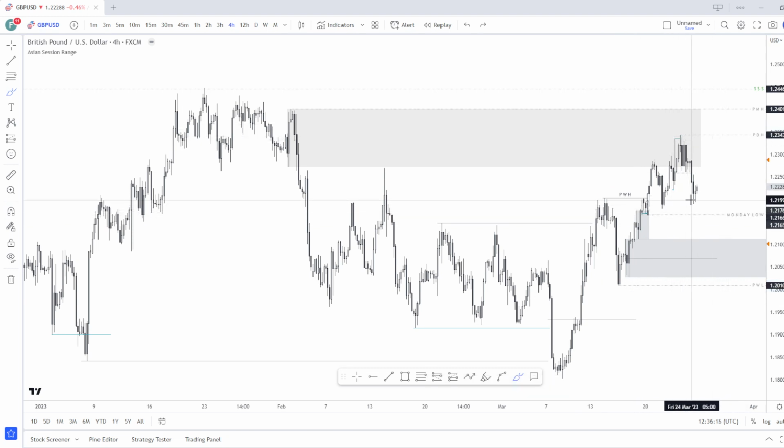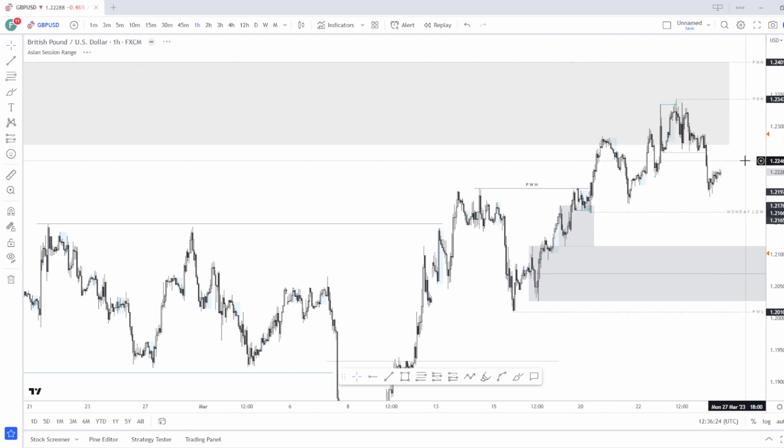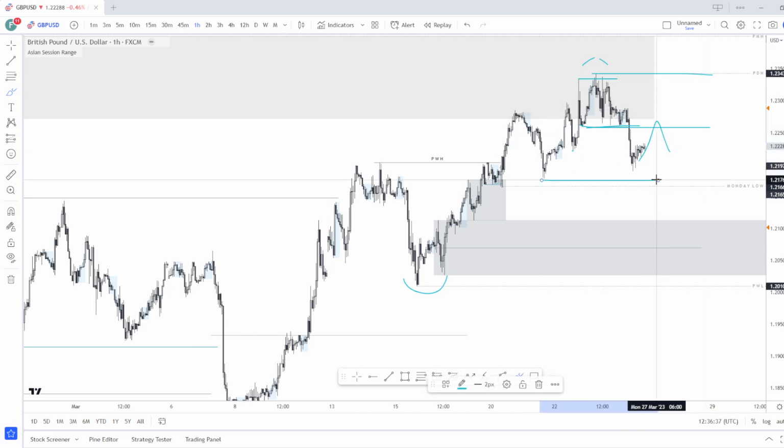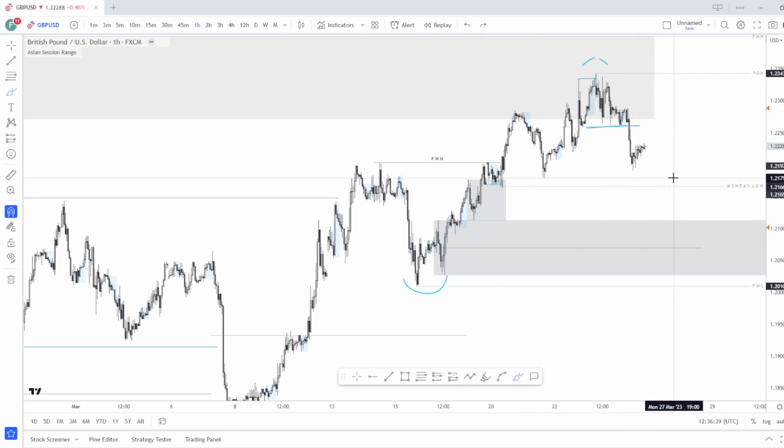So I wouldn't mind playing buys up, but as you can see, we are now in the pullback stage of this trend here, because now we have H1 structure bearish from here to here. This whole zone is now bearish, so potentially we can still short if there's liquidity to be taken underneath here.